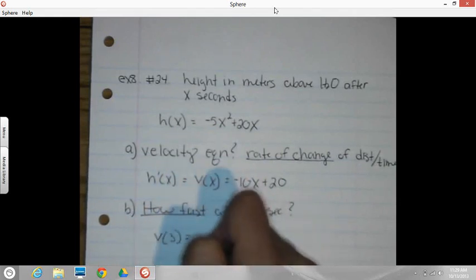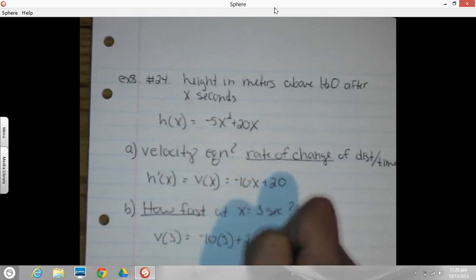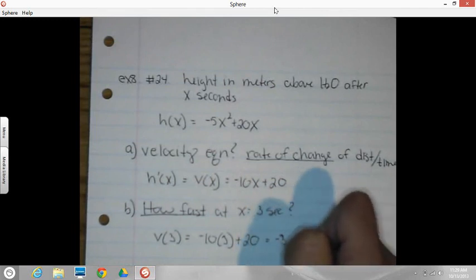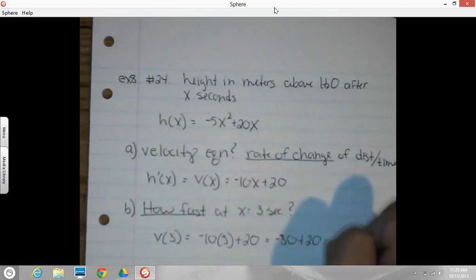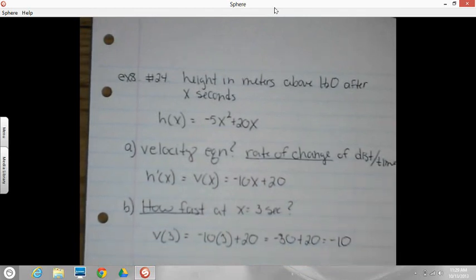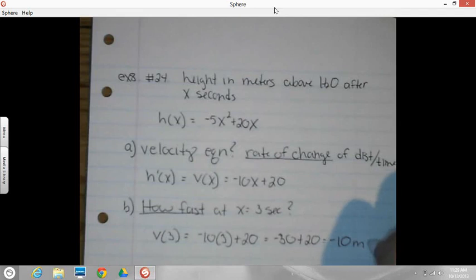So negative 10 times 3 plus 20. So that's negative 30 plus 20 is a negative 10, and we do want units. We were doing change in distance was meters per second. So negative 10 meters per second.